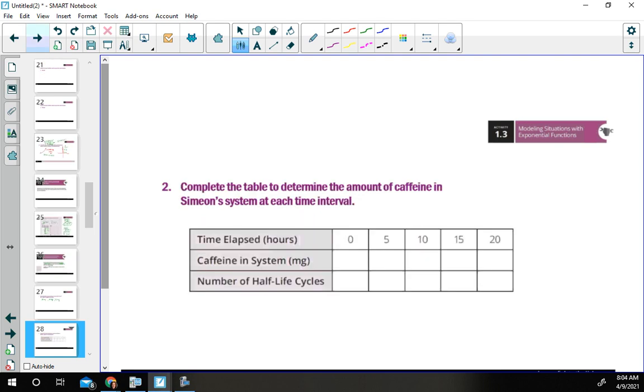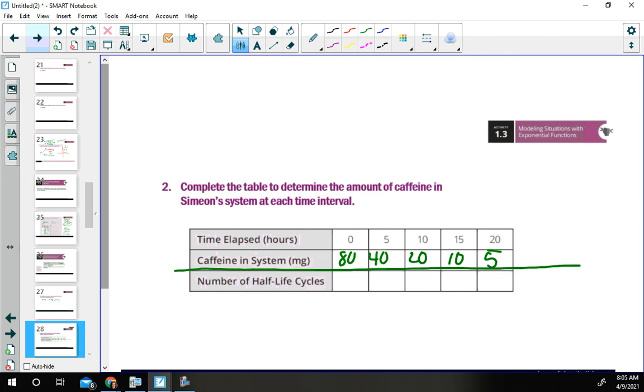Then we're going to put this on this chart. Go ahead and fill out the caffeine in the system by the amount of hours. Pause the video and go ahead and plug that in. Okay, we should get this. The number of half-life cycles, we're going to ignore a little bit.